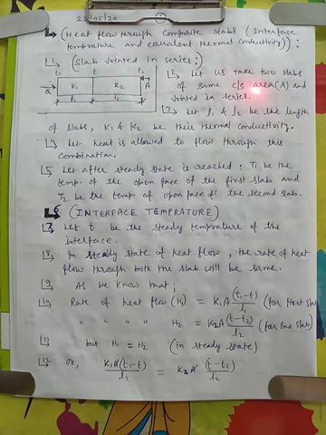So let us take two slabs having the same cross section area A, and L1 and L2 be the lengths of the slabs, and K1 and K2 be the thermal conductivities. Let heat be allowed to flow from left to right, and let H be the rate of flow of heat.